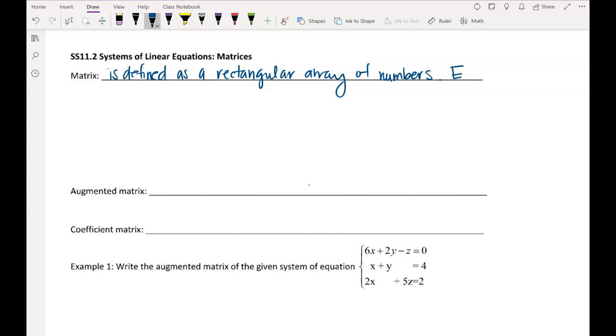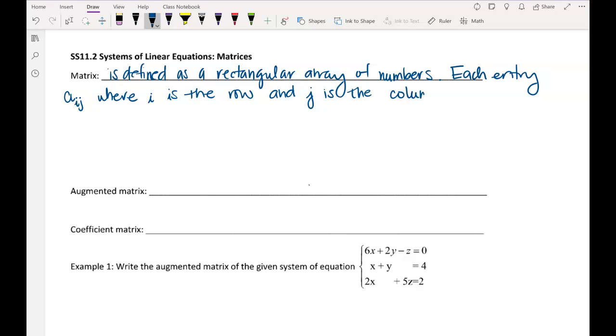Each entry we call it A subscript I subscript J, where I is the row, and J is the column.